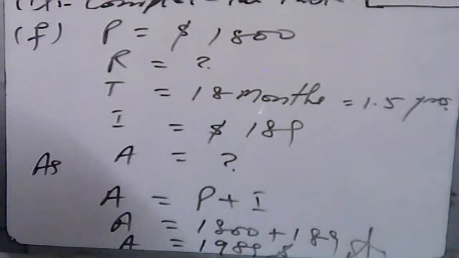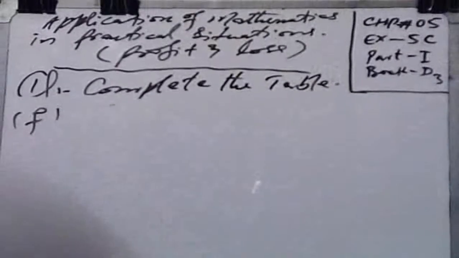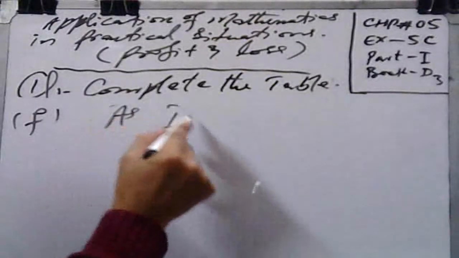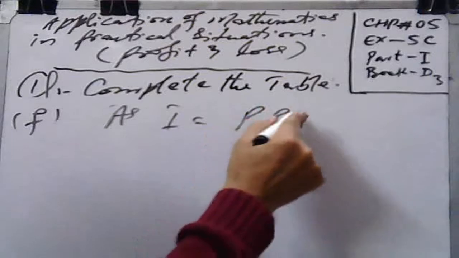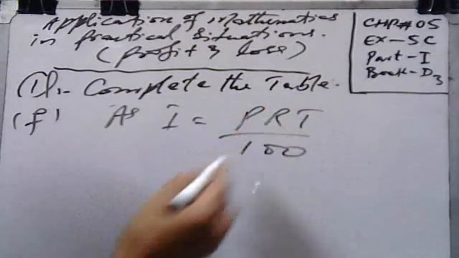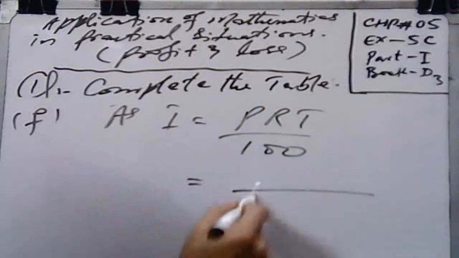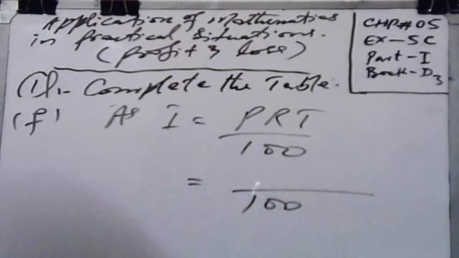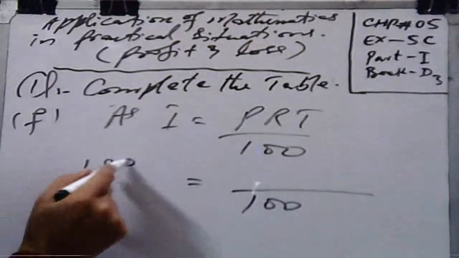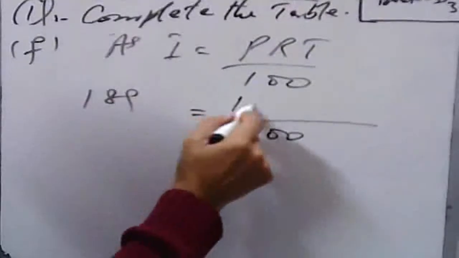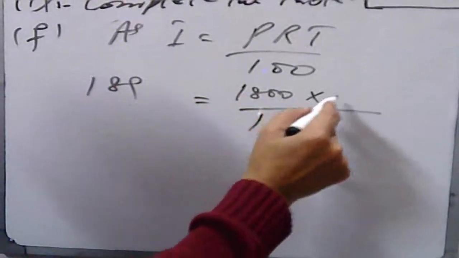Now the next thing is how to find the value of R, the rate of interest. The simple formula you can use here is interest equals PRT by 100. Putting in the values, interest is 189, principal amount is 1800, R we have to find, and the time period is 1.5 years.